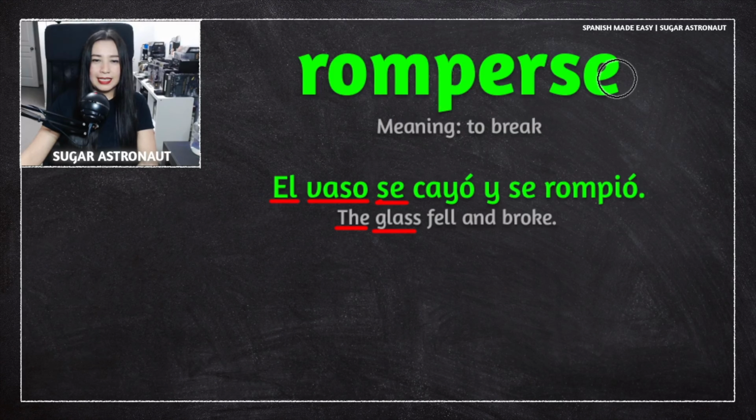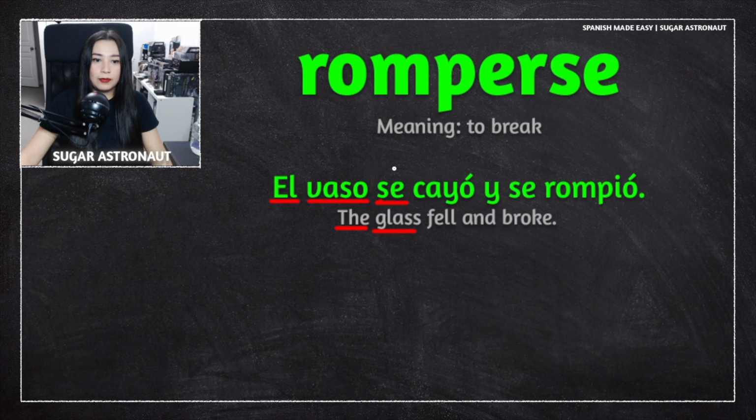If you see romperse, that means the verb can be a reflexive verb. So that means you can use the reflexive pronouns se, te, me, le, nos, okay? It's a very, very common thing in Spanish, so it's not that difficult. You just have to use reflexive pronouns with the verb.